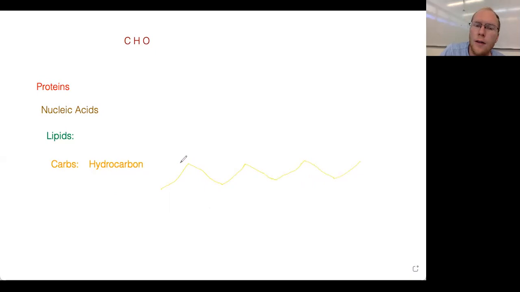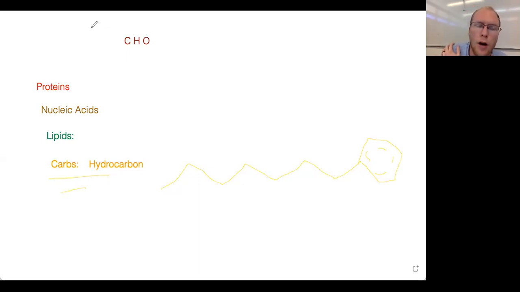And each of these corners represents a carbon with hydrogens attached. And sometimes we have cool rings. We call these aromatics. Sometimes the carbons make a ring. But for the most part, the carbons are just long chains of carbons. Those are the basis of carbohydrates. But not just carbohydrates, all of these have carbon chains in them. So we need to get that carbon through what we consume.